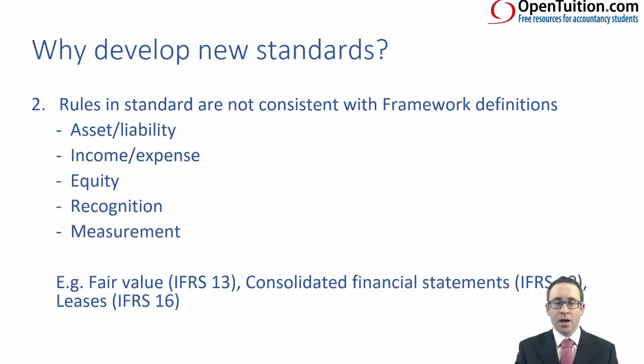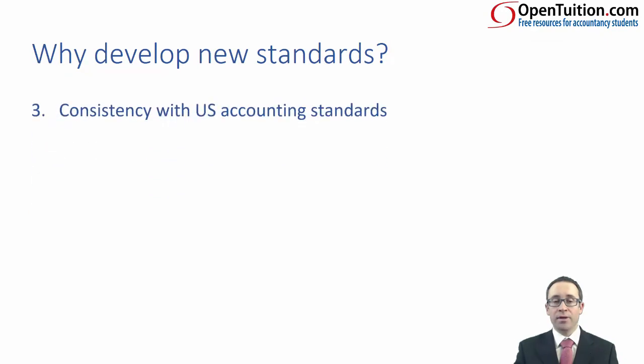Okay. The third reason why we develop a new standard is looking at consistency with US accounting standards. So bringing together this process that you may have heard about called convergence. What's the point of having international financial reporting standards if they are not going to be adopted by one of the biggest global superpowers, being America? They are one of the biggest countries in the world with regards to finance, with regards to business.